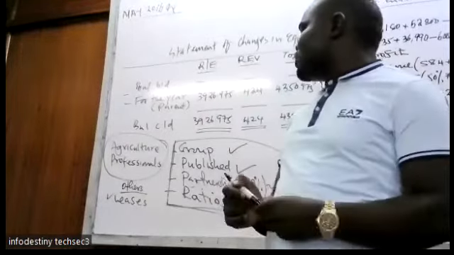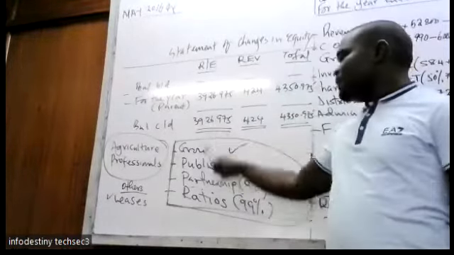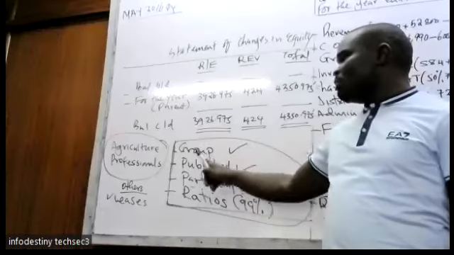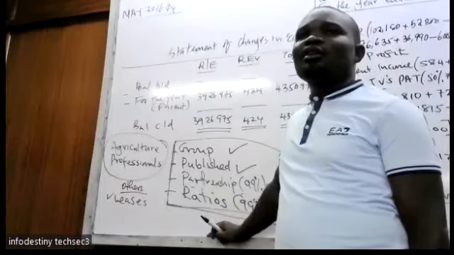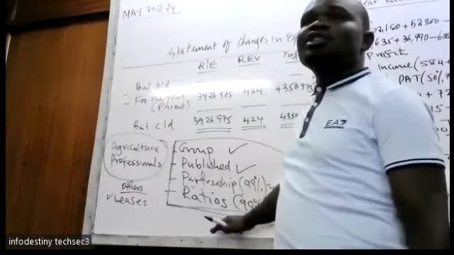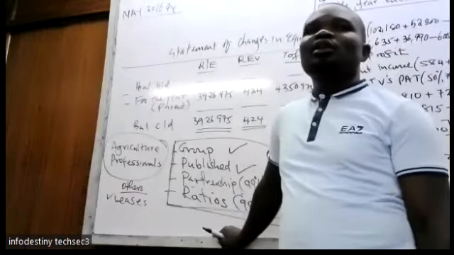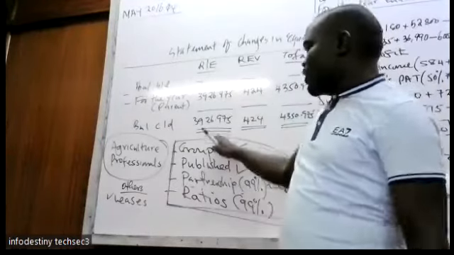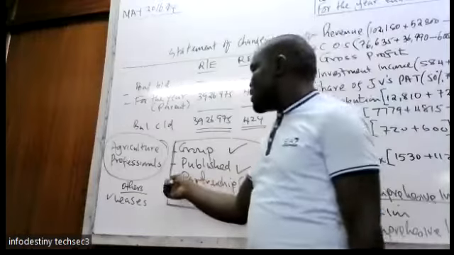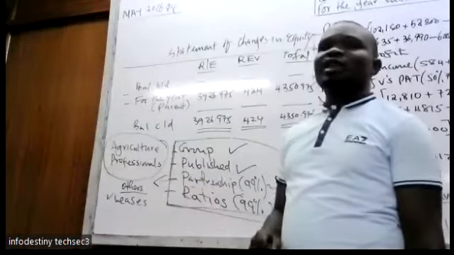So how do you structure the questions? If it is like this, there is group, published accounts, partnership, ratios. Which one do you start with? If so, which is the first question to start with? The question you start with is this one. You start with partnership.